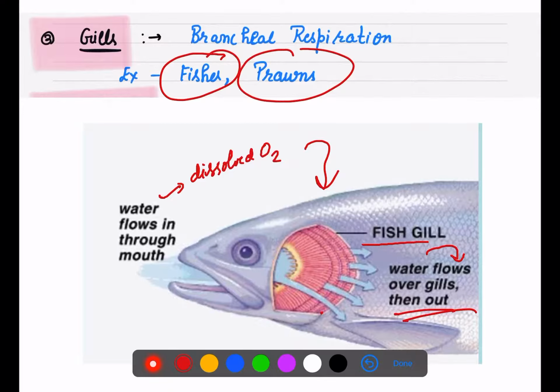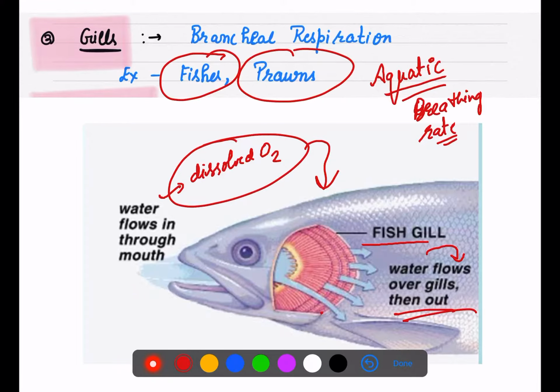They are all aquatic organisms, and oxygen is dissolved in the water. In aquatic animals, the breathing rate is faster because they are not directly getting the oxygen; they are getting oxygen in the dissolved form.